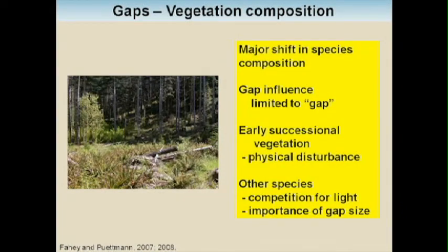But gaps is really where you see the big changes in vegetation composition. So when we look at thinning, yes, the understory changes a little bit, but if you really want to make an impact, you can't be subtle about it. You need the gap, especially with those dynamic Douglas fir forests we're talking about.